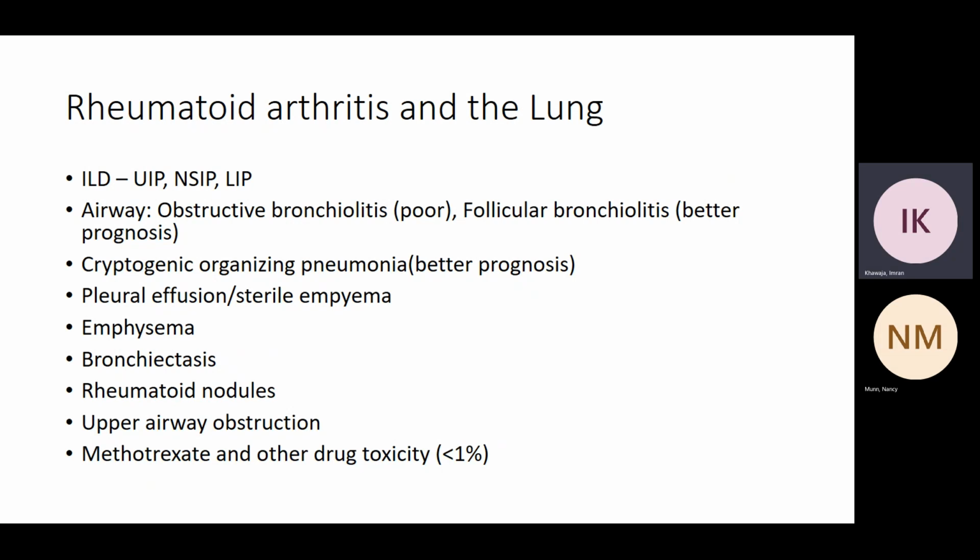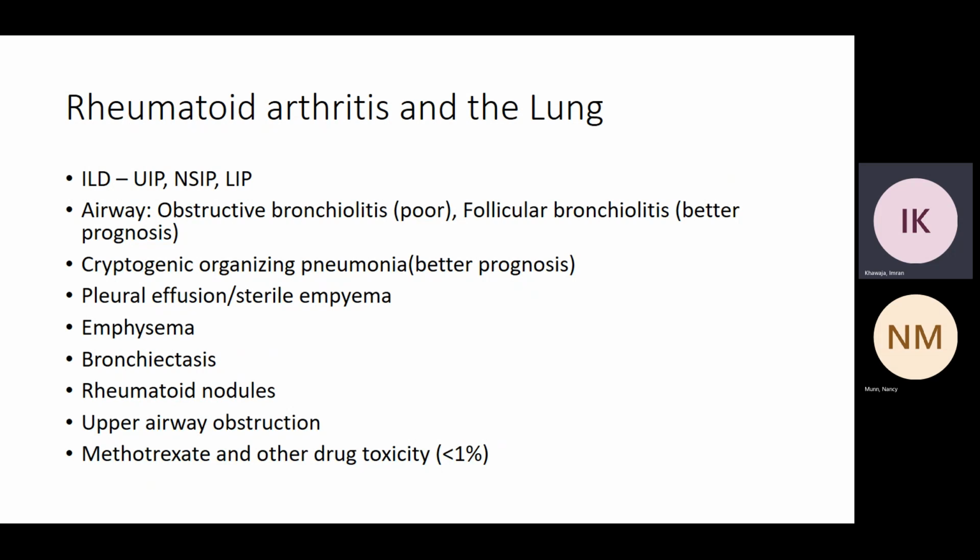In relation to the lung, there are different disease entities that can happen because of rheumatoid arthritis. The most common one is pleural effusion, but ILDs like UIP pattern, NSIP pattern, and LIP pattern can happen. Other patterns are also there. Organizing pneumonia and airway abnormalities can also occur.